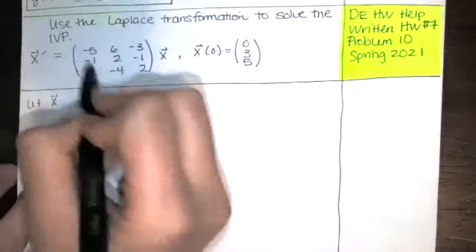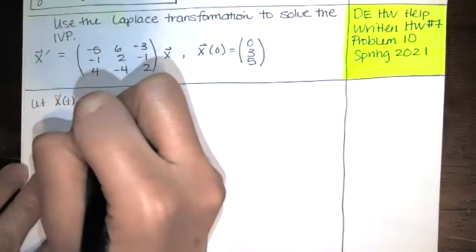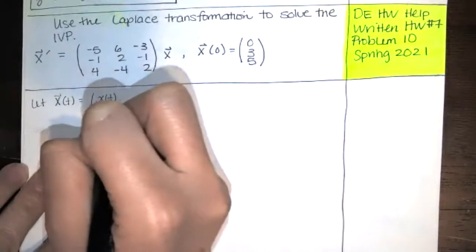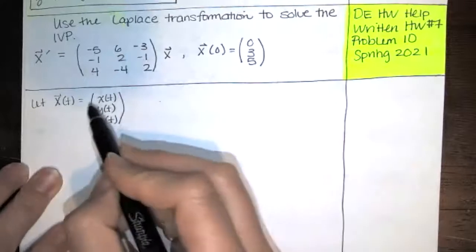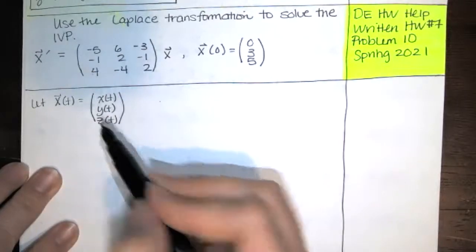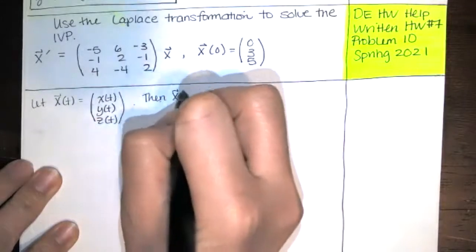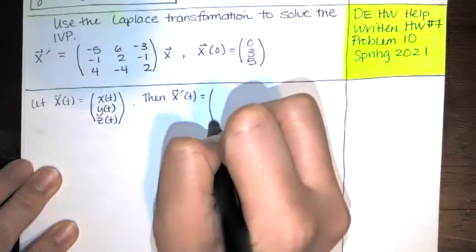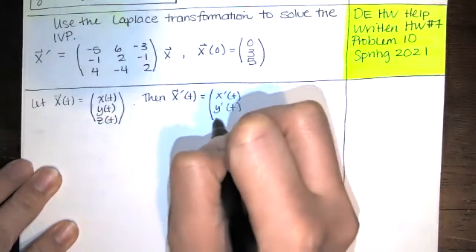If we've got a 3 by 3 matrix here, we want to let x of t be a vector with components x of t, y of t, and z of t. Then x prime would be the vector with components x prime, y prime, z prime. It's just like in calculus 3, you take the derivative component by component.